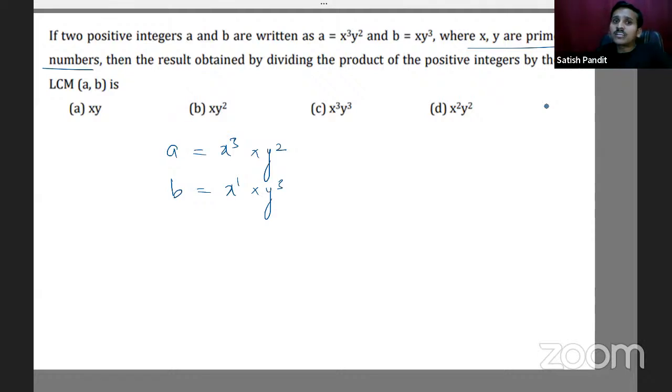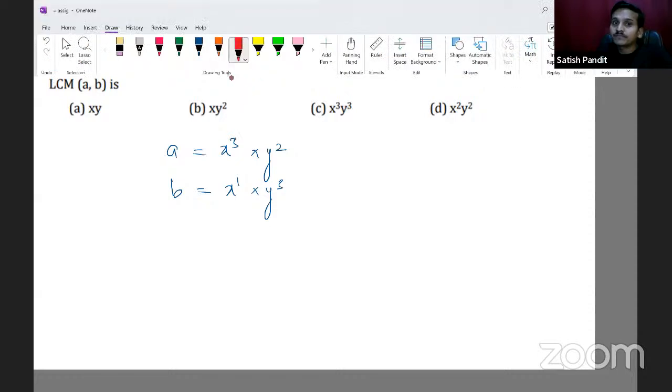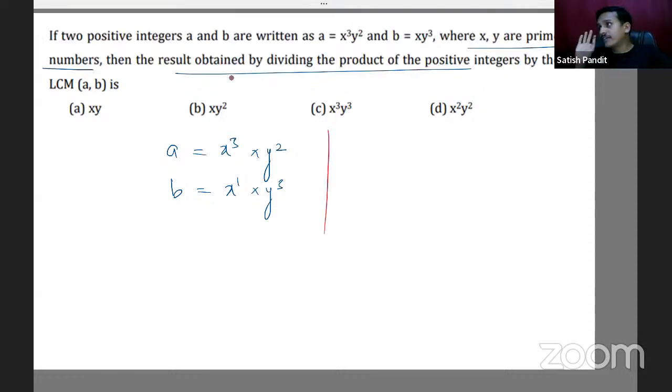Then the result obtained by dividing the product of the positive integers by the LCM of A comma B. Look very carefully, everyone. You have to understand this question.